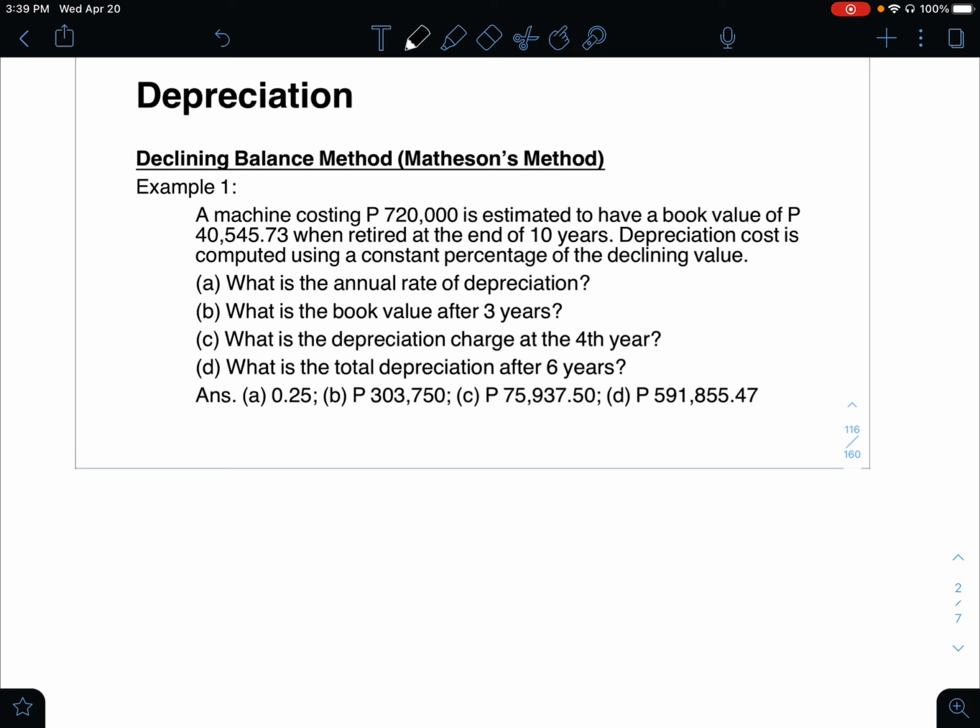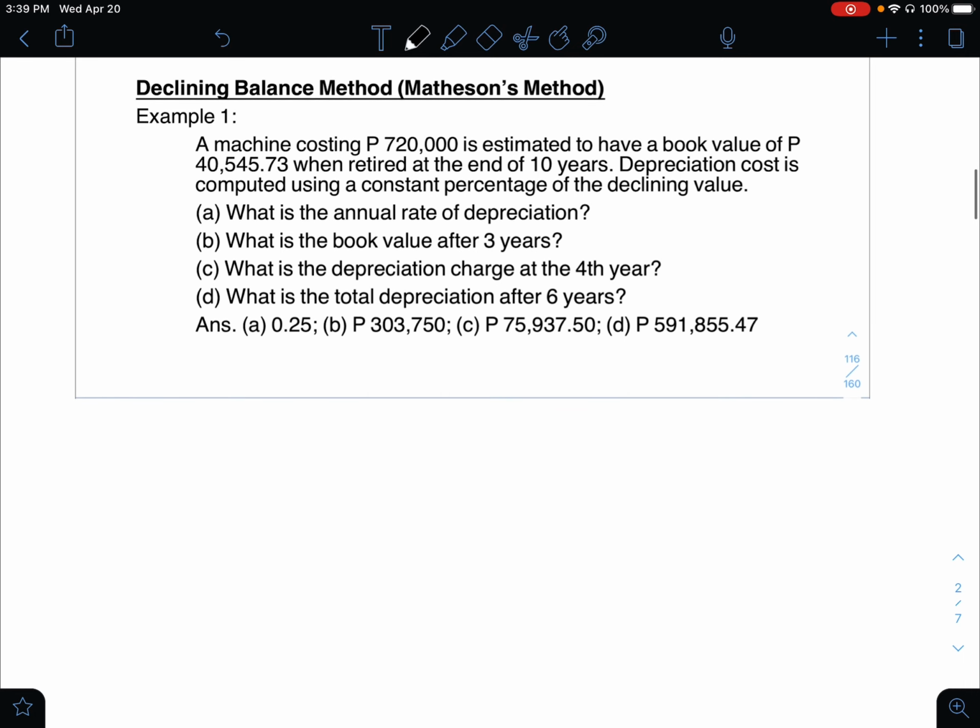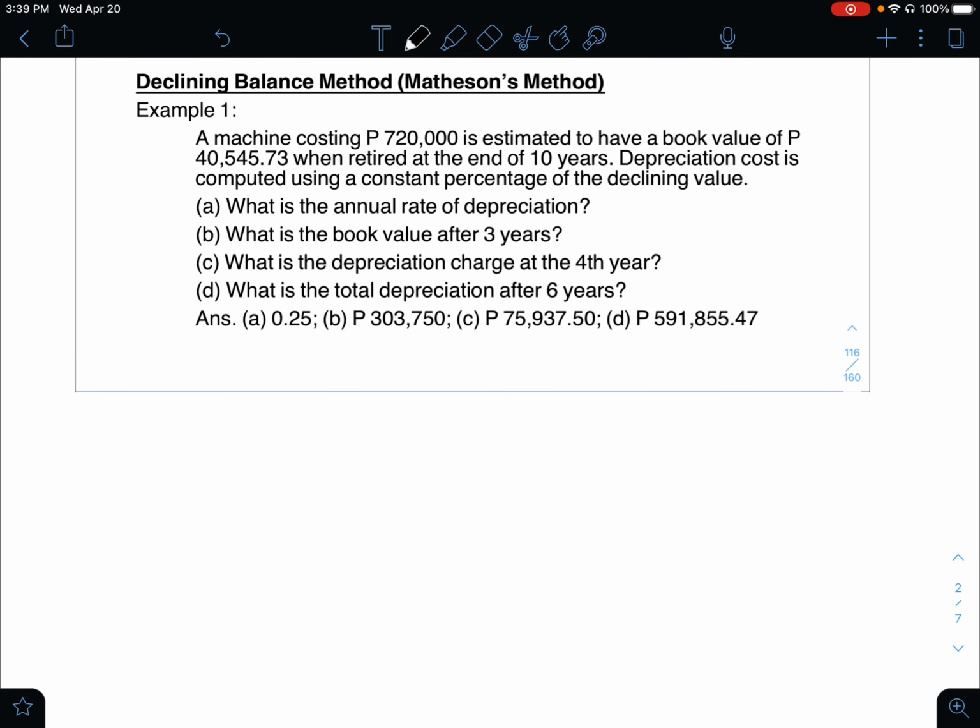So, di ba? Pansin nyo, ang kada problem is mention what kind of method are we going to use. So, what is the annual rate of depreciation? What is the book value after 3 years? What is the depreciation charge at the 4th year? And what is the total depreciation after 6 years?